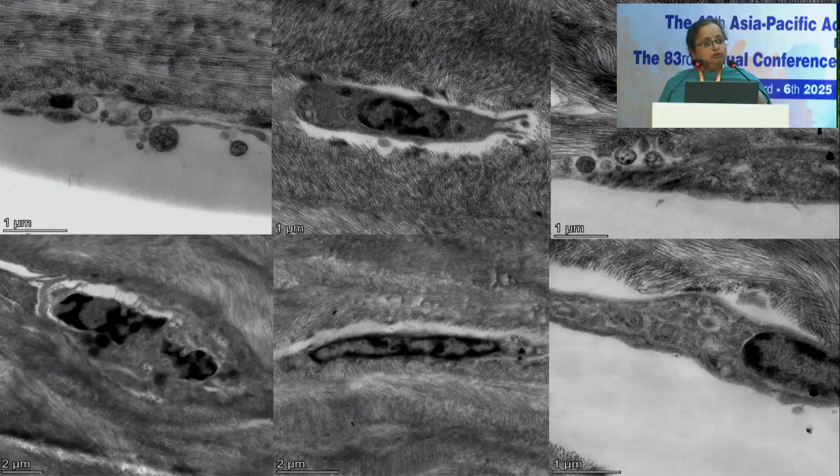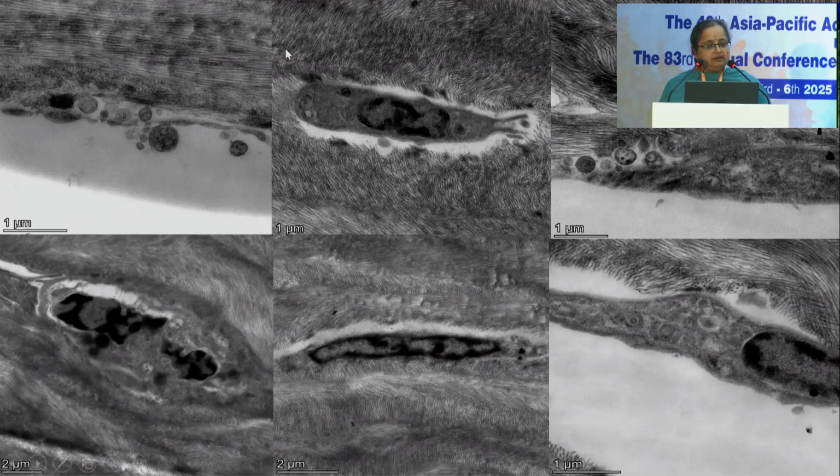And also when you try to do transmission electron microscopy, we all understand that glaucoma as such is an autoimmune process. There is oxidative stress, and inflammatory markers are supposed to be increased. So we wanted to see whether that is proved in the trabecular meshwork. If we want to see what the level of stress markers is, we see a lot of autophagosomes and lysosomal vesicles on transmission electron microscopy in different regions.